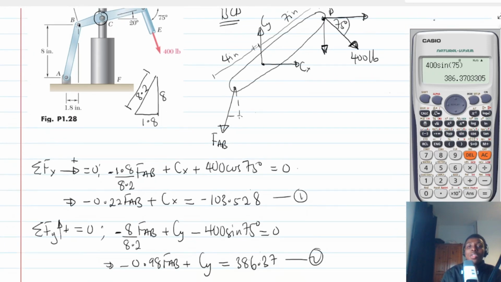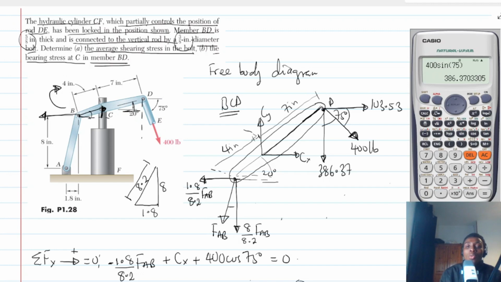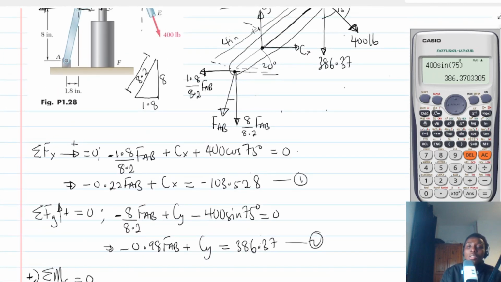Okay, so let's sum moment about C. All right, so now this is what we are going to do. We will take each force and then take the moment from C. Starting from FAB, we have 2 forces. Okay, so let me bring it down here so that you appreciate it.